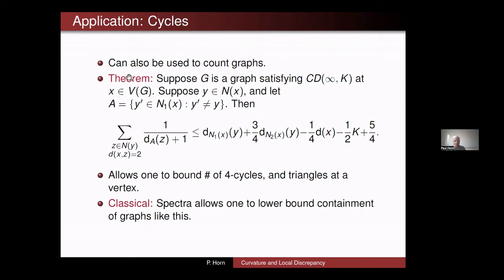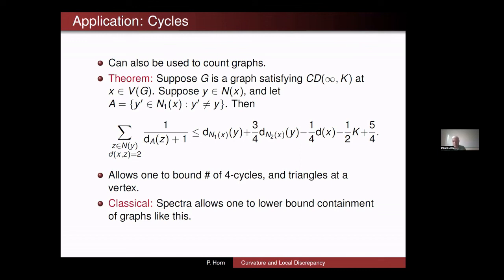I will mention that another thing that you get from this kind of pseudo-randomness, for instance, is counting graphs. So in particular, if your graph sequence is quasi-random, then you know that the subgraph counts of all graphs are what you would expect in a random graph of that edge density.